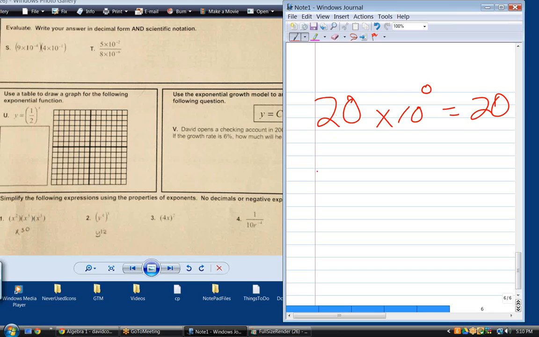What would the 20 become? Wouldn't it just be 20? Remember, the first number has to be between 1 and 10. So it'll be 2.0. And now, what does that cause this exponent to have to be?